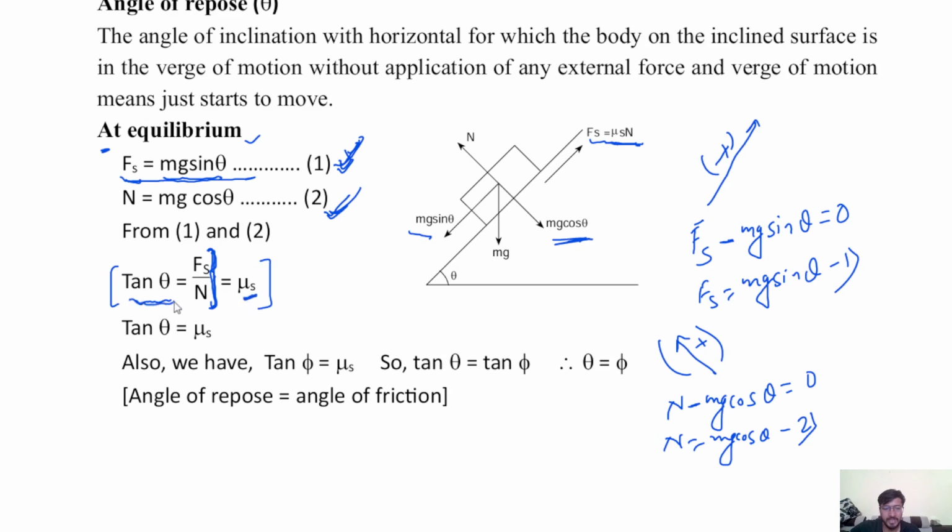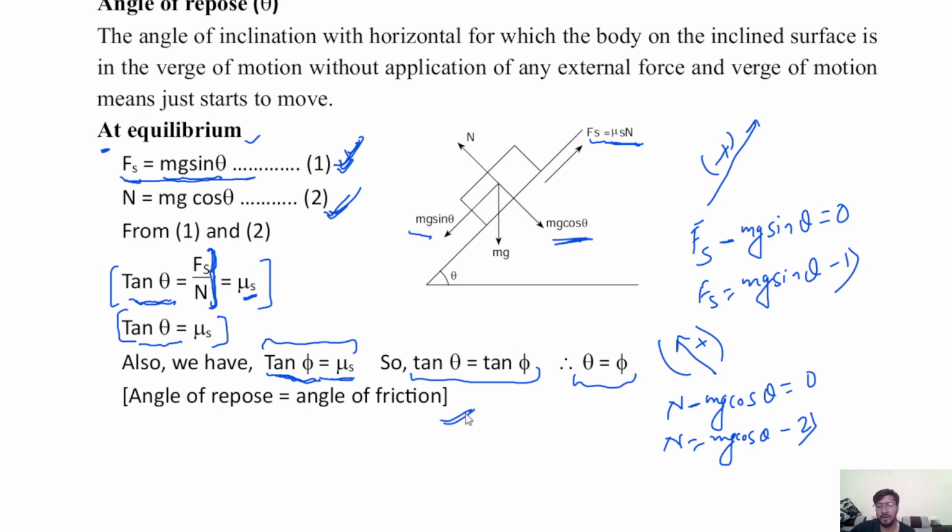That means tan theta is equal to mu s. Also we have tan phi is equal to mu s, that is derived already. Tan phi is equal to mu s. So finally we can conclude that tan theta is equal to tan phi. That means theta is equal to phi, means the angle of repose is equal to the angle of friction.